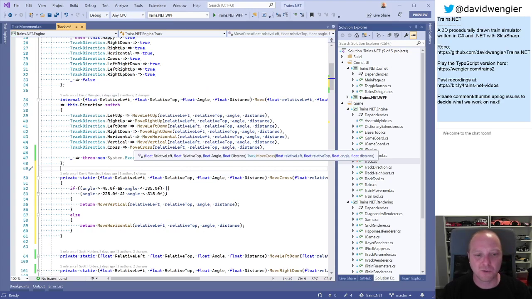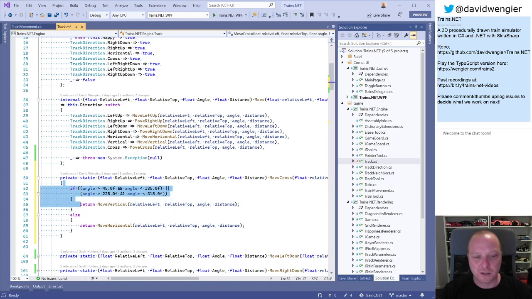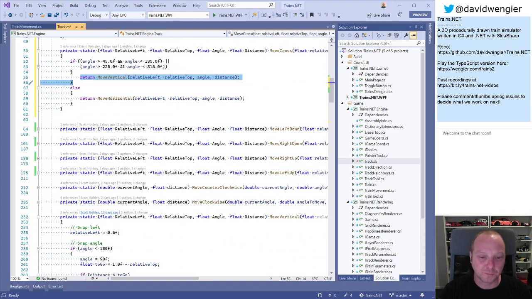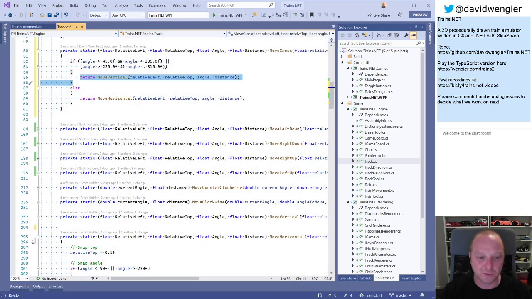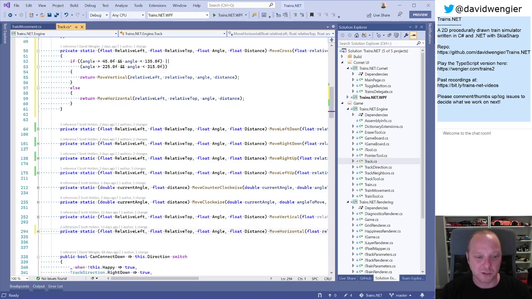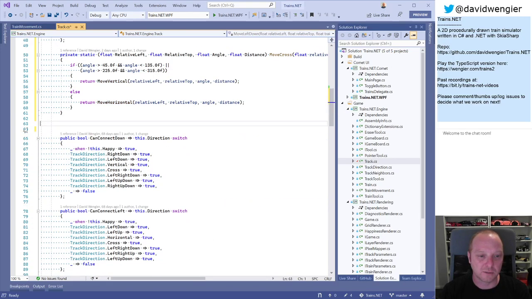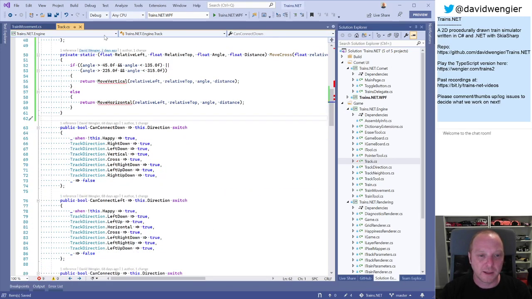But I could see something like a cross being separate. So the logic of how to behave on a cross, I think, belongs here, but this move stuff doesn't. So this can still hand off to those two methods, just that those two methods need a different class, that's all. I think that makes more sense.